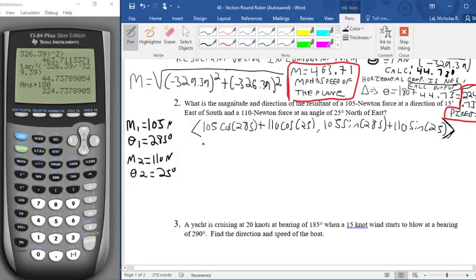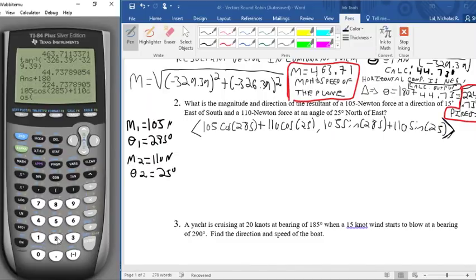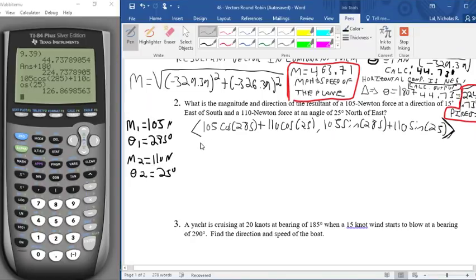So this is going to be, plug things in, 105 times the cosine of 285 plus 110 times the cosine of 25. That's going to be 126.86. That's our horizontal component.